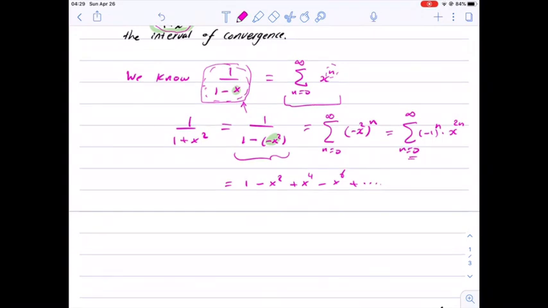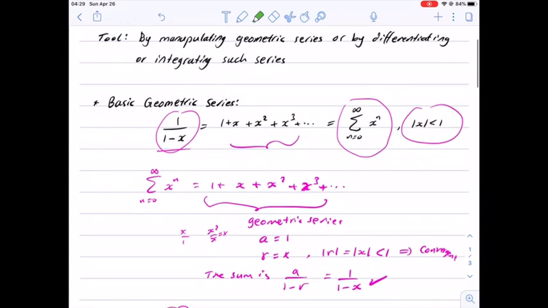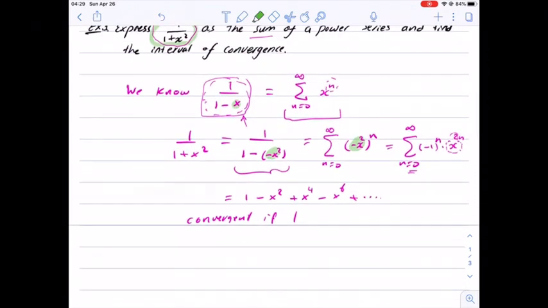Now this series is convergent if the absolute value of x to the power 2, or the absolute value of this, by comparing this series with this series, as you can see, the absolute value of x is less than 1, and here we have negative x squared.